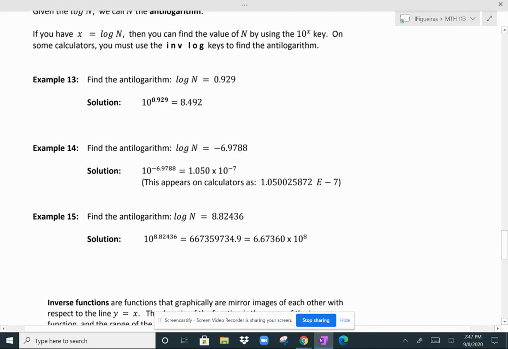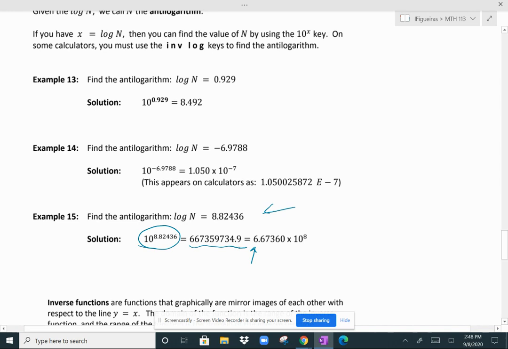Here we want to find, for number 15, the anti-logarithm where your log of n is 8.82436. Again, that means that you have to plug this into a calculator, and so you get this rather large number. And then written in scientific notation, that would mean that you only have one whole number and then a decimal as well as the following numbers.